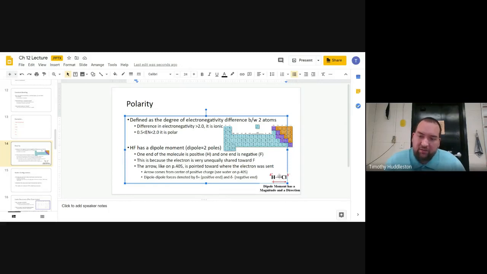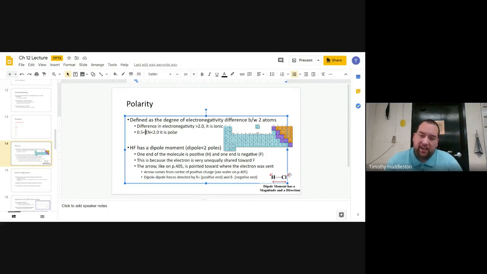In the bottom right corner, this shows how to draw a dipole. You will never be asked to draw a dipole, but know it looks like a little musical note with a little plus sign. It's called a partial charge, because it's only like that for a split second as the electrons are being shared back and forth.